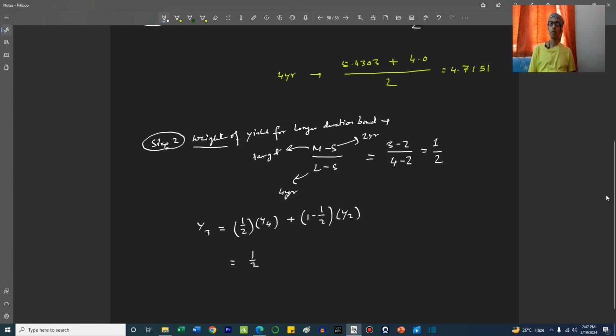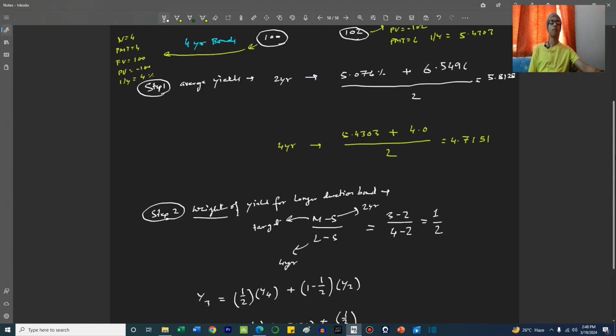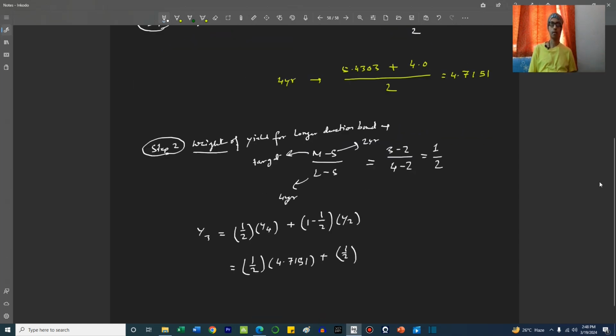This is equal to half into 4.7151 plus 1 minus half, which is half, into 5.8128. This gives us 5.2639%.